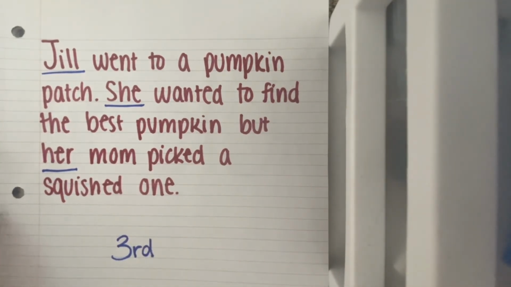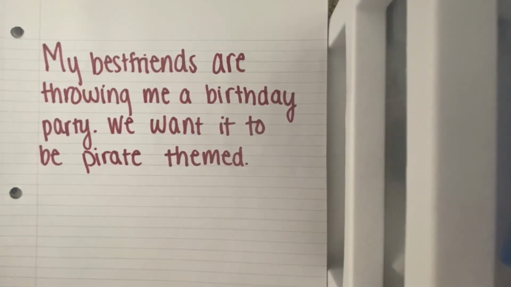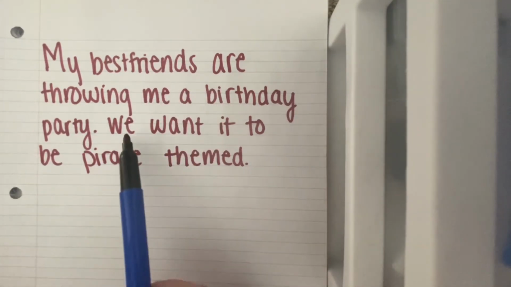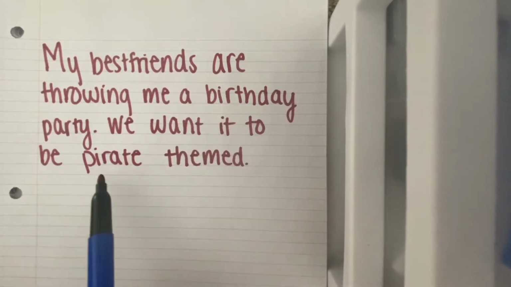Now let's try some on your own. Now you're going to do this one on your own, but let's read it together. My best friends are throwing me a birthday party. We want it to be pirate themed. Remember to start by breaking it down and looking for important words.